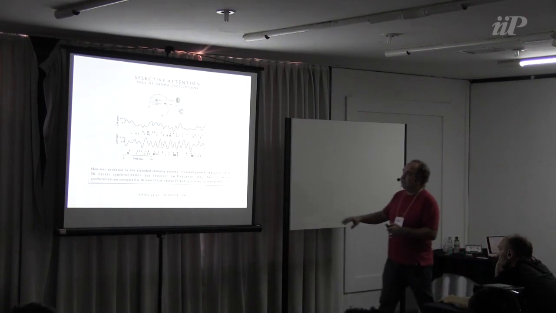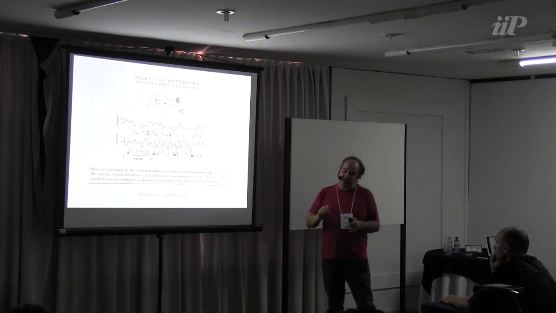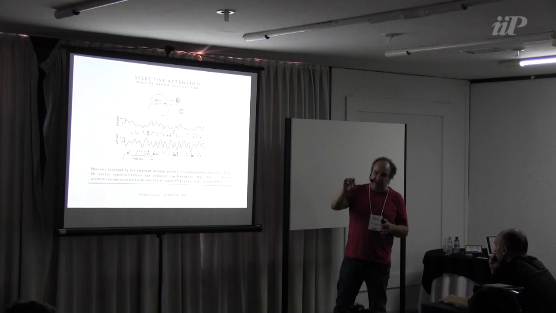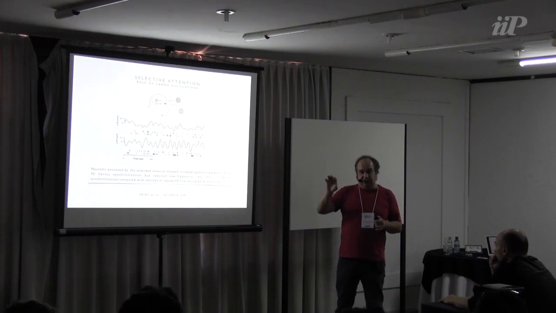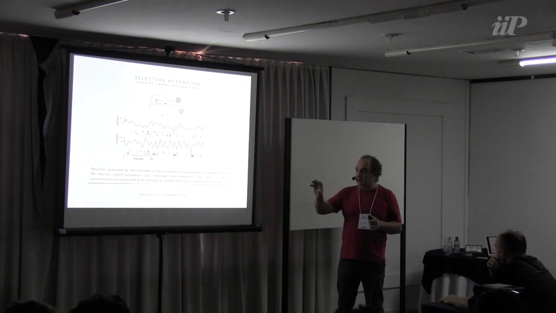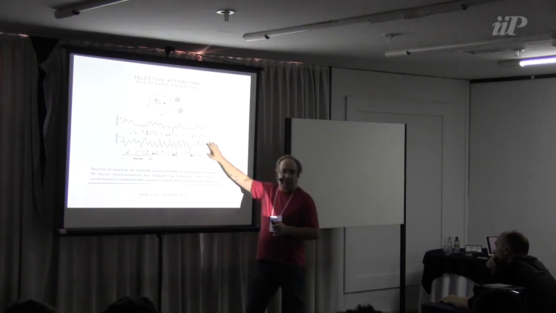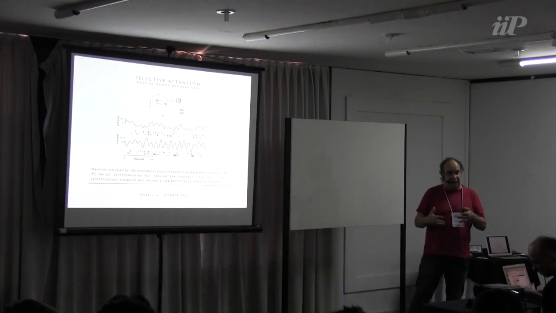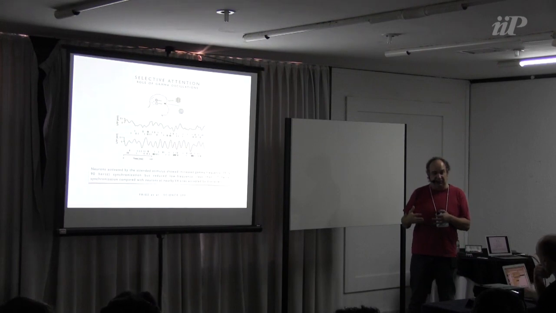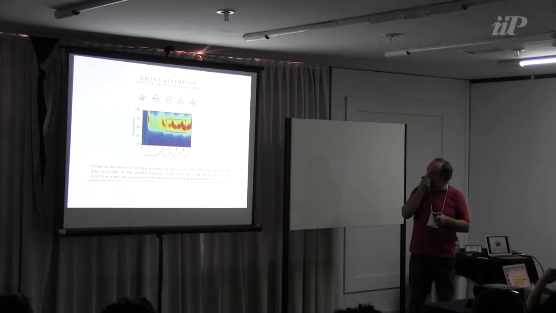So you see here the monkeys pay attention to different stimuli, and you can cue and say, monkey, pay attention now to this stimulus by changing the color of the fixation point, or pay attention to another stimulus. And whenever he pays attention, there is an increase in the amplitude of the oscillation.